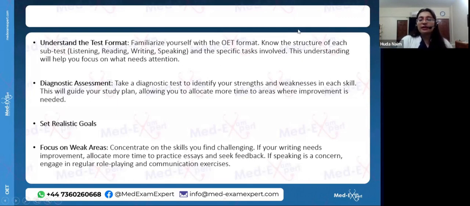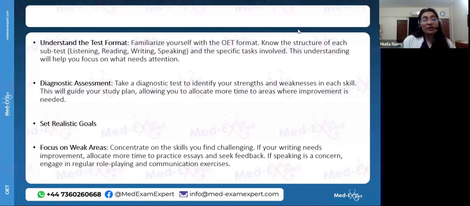Then the second thing that you can do in order to customize your study plan would be to take a diagnostic assessment before you book your exam. You can take a mock exam and solve it, and you will get an idea of how well prepared or how ill prepared you are. That would tell you your strengths and your weaknesses at the same time.